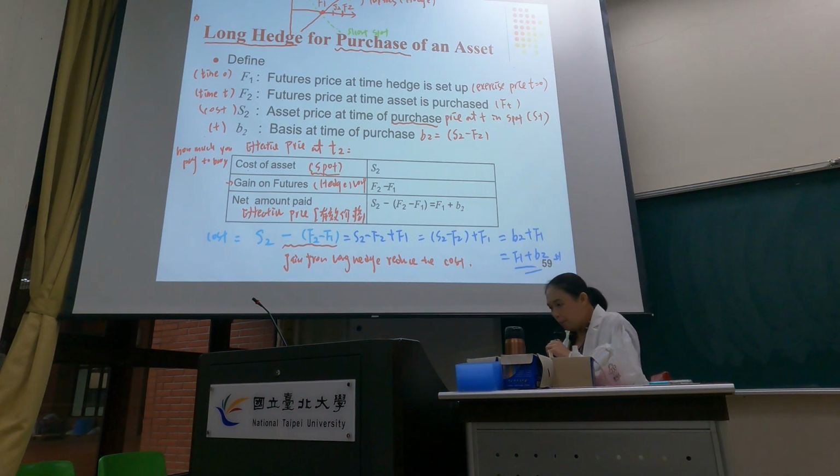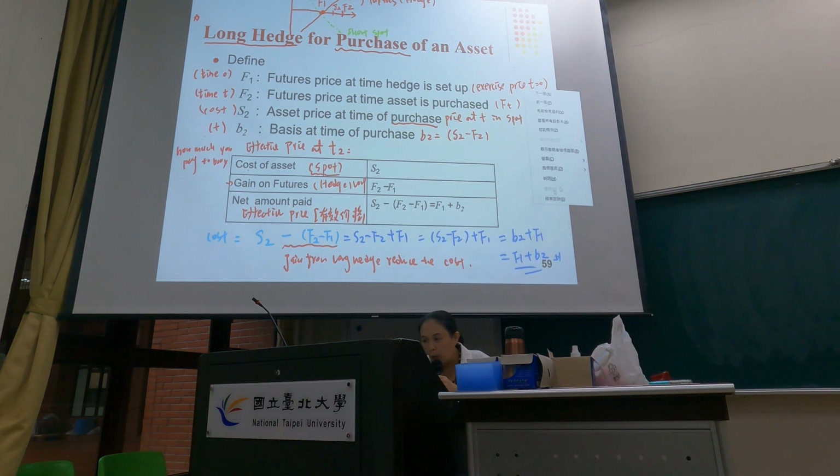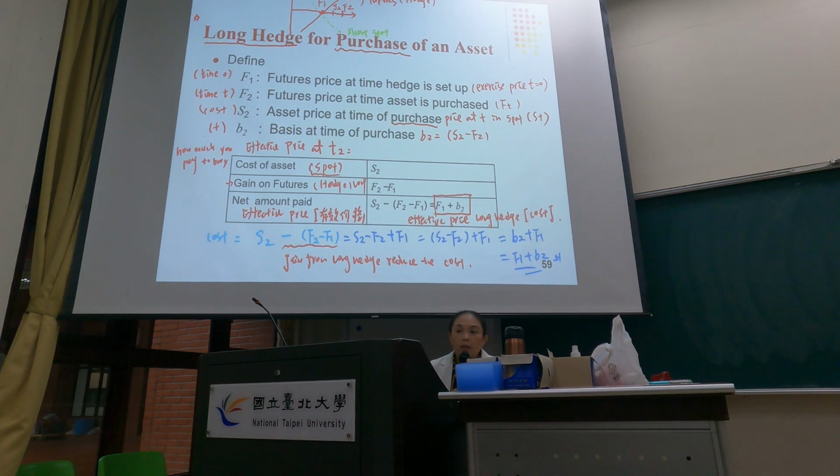Okay, so now just remember before you go away, because we're going to use this to practice questions. F1 plus basis 2 is the effective price for a long hedge, from the perspective of the cost you pay.